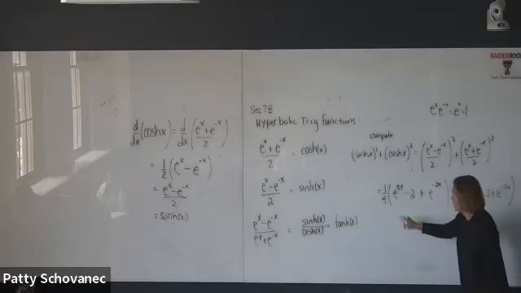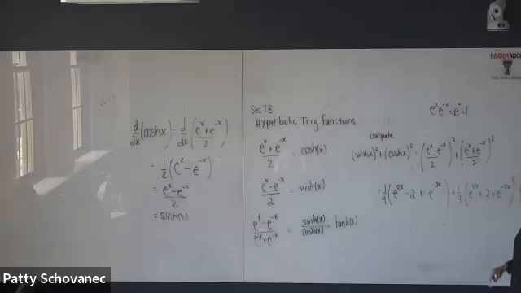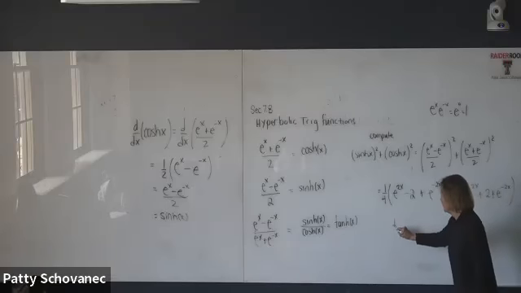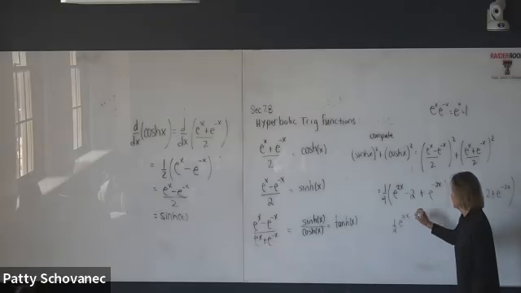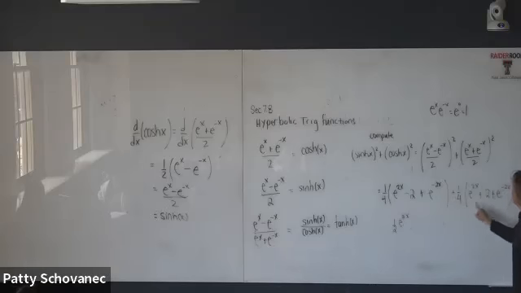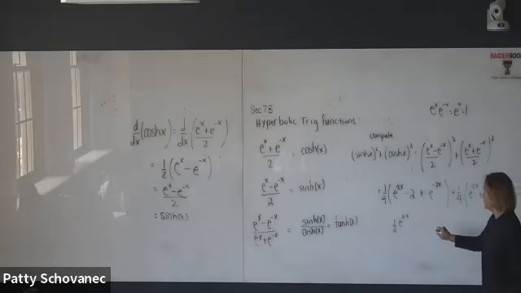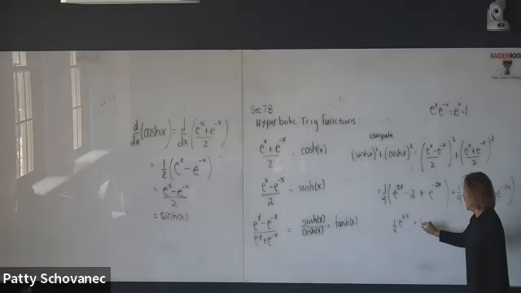So 1/4 e to the 2x plus 1/4 e to the 2x gives me 1/2 e to the 2x. 1/4 of -2 plus 1/4 of +2 gives me 0. And then 1/4 of e to the negative 2x plus 1/4 of e to the negative 2x gives me 1/2 of e to the negative 2x.